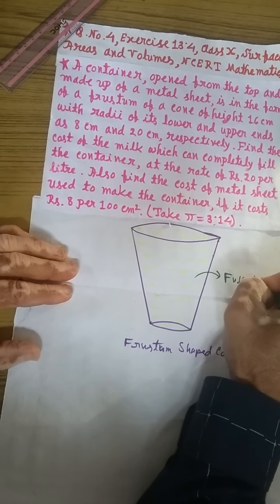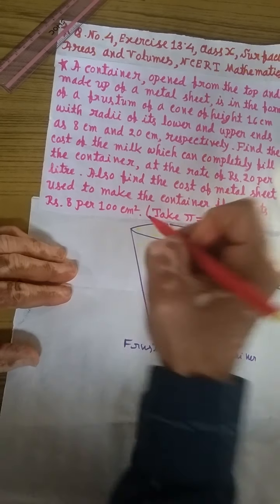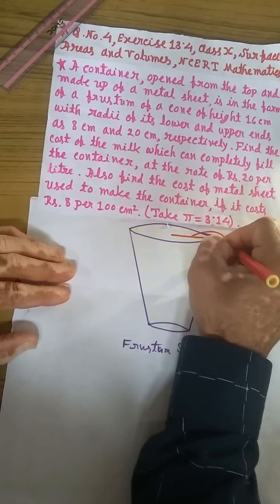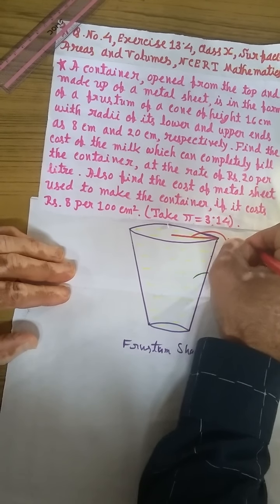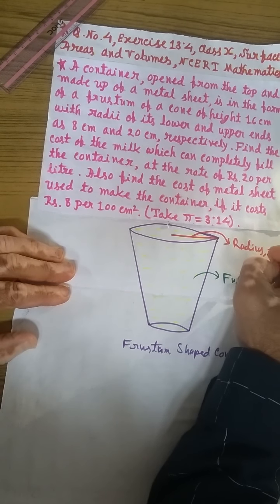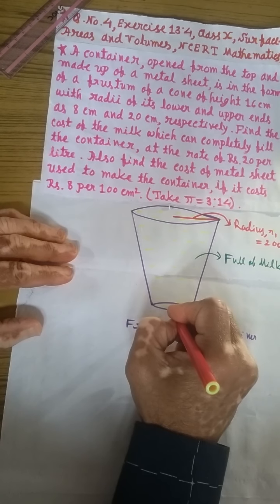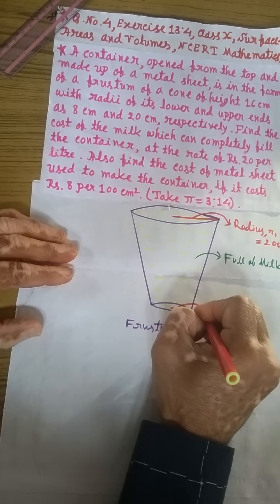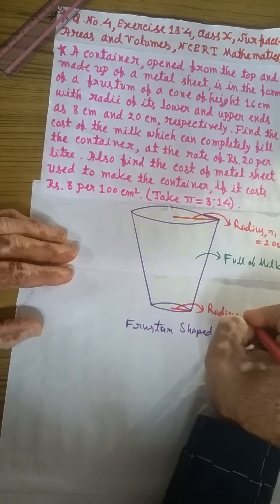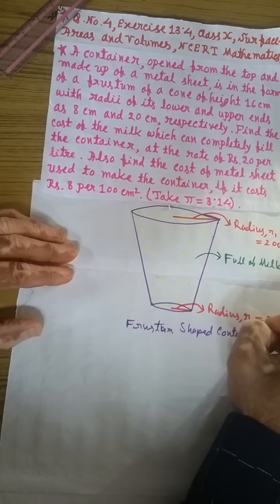According to the question, this one is the radius R1, the measure of which is 20 centimeters. This one is the radius R2, the measure of which is 8 centimeters.